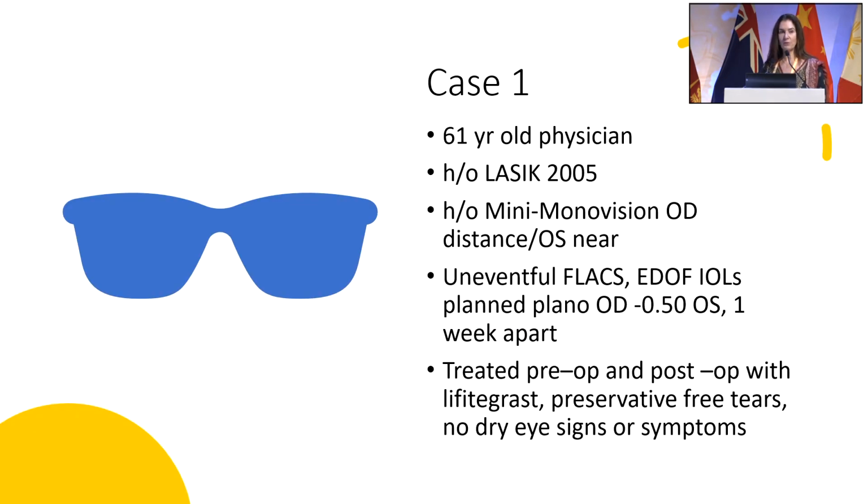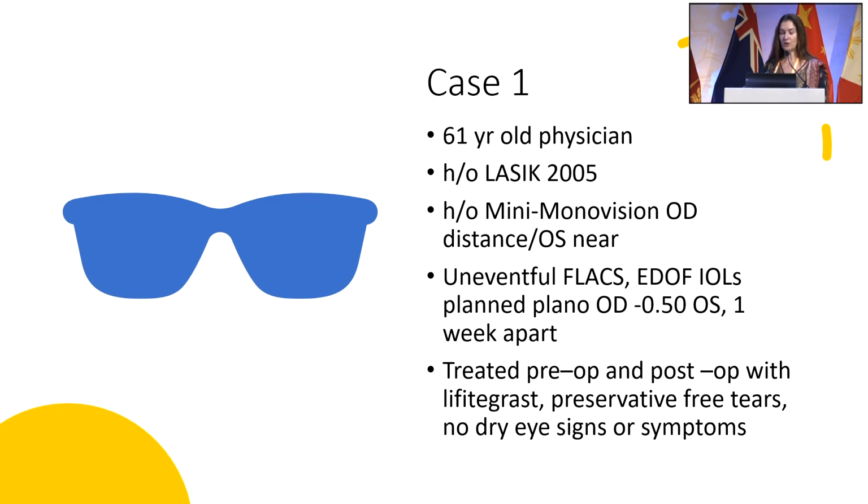So we'll go through some cases here, and these are actual cases. This was a 61-year-old physician, a colleague. He had LASIK way back when, little mini monovision, and came to me. We decided on an EDOF lens. I implanted the Alcon Vivity lenses, uneventful femtosecond laser surgery, a week apart.